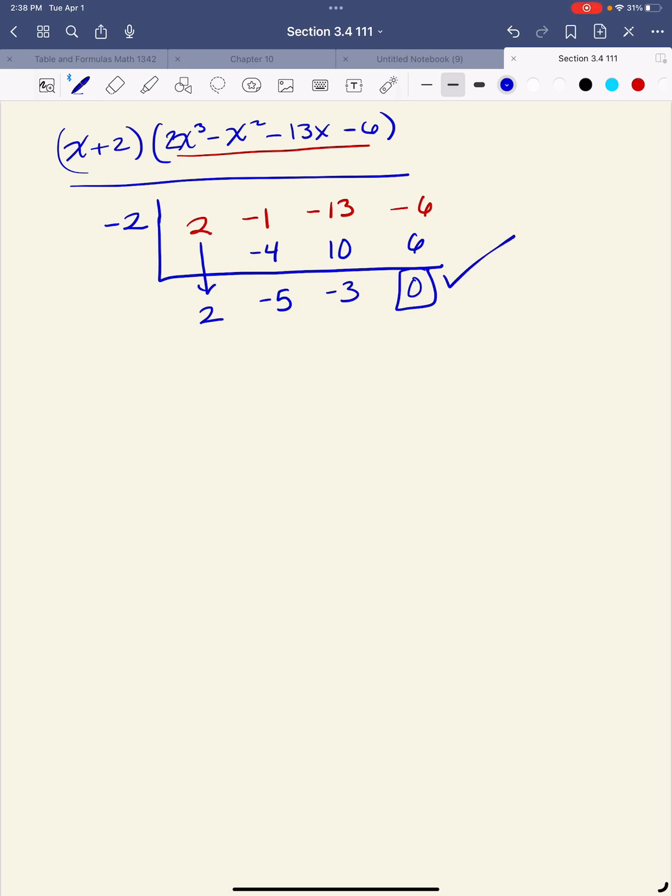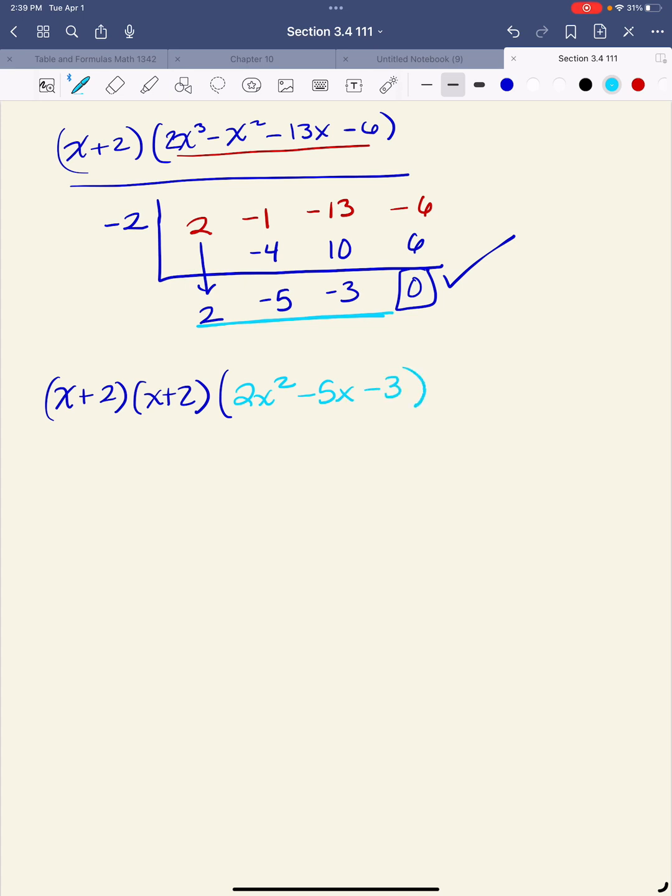So what this means is that -2 has worked twice. So I could think of it as having x plus 2, and then these numbers would give me my second degree polynomial, 2x squared minus 5x minus 3.